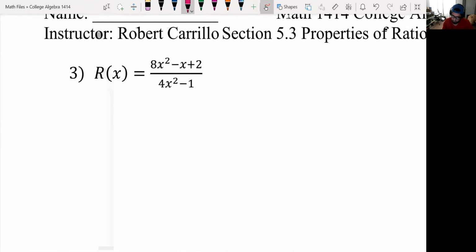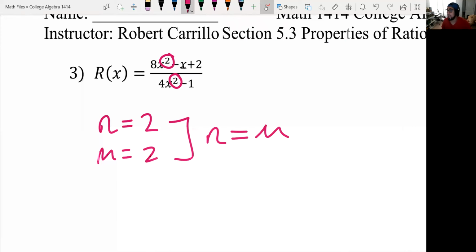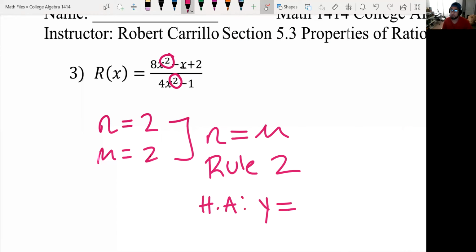Perfect. Here, the degree of the numerator is 2. The degree of the denominator is 2. So this means n equals m, which is rule 2. And if you have a rule number 2, this means that your horizontal asymptote is going to be the leading coefficients over one another.